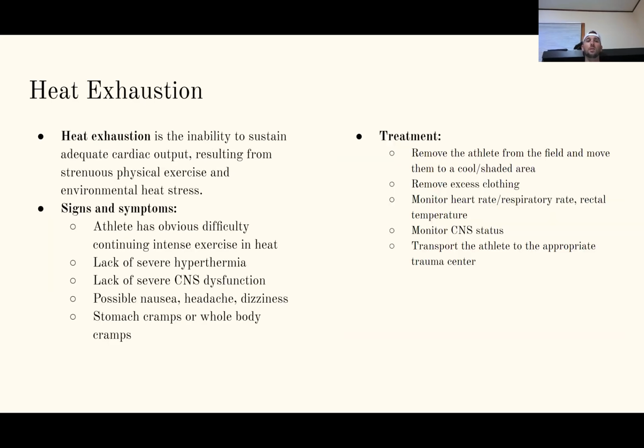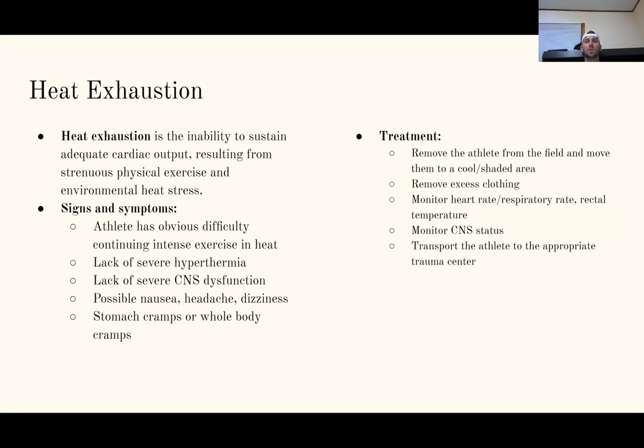Next up, we have heat exhaustion. Heat exhaustion is the inability to sustain adequate cardiac output resulting from extreme physical exercise and environmental heat stress. So here we go again, playing with the humidity and the environment, which plays a huge role in heat exhaustion.